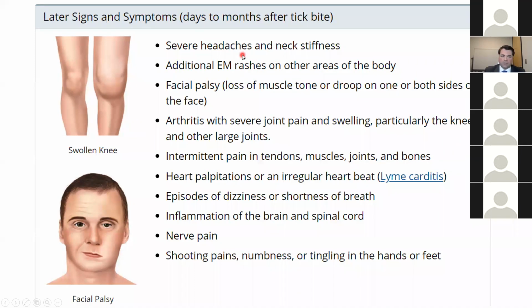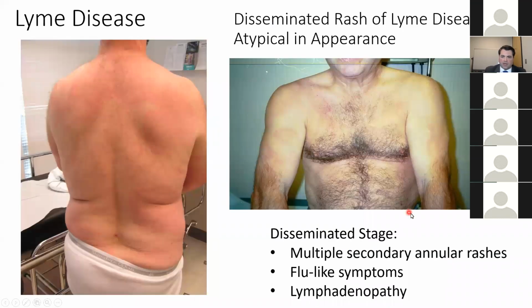You can get a Lyme meningitis. You have additional rashes covering other areas of the body, which we'll see a picture of. You can get facial palsies, arthritis. So really, you can see that they can present in so many different ways. And presenting in so many different ways and having all of these issues along with poor testing is what makes it a big topic for having controversy.